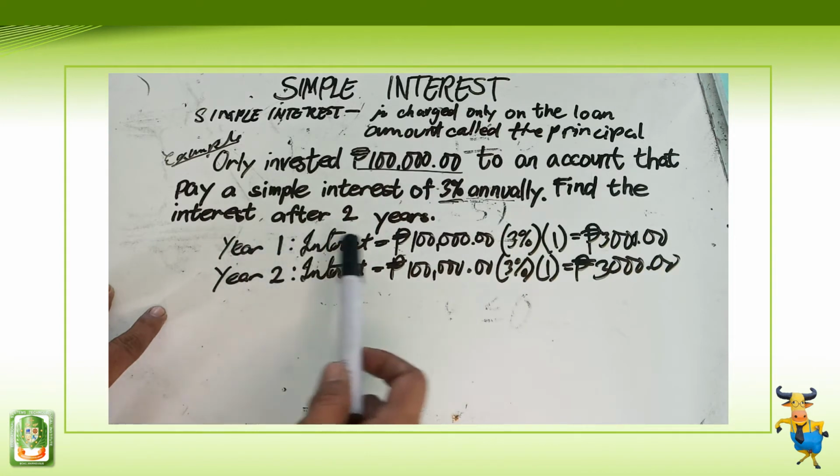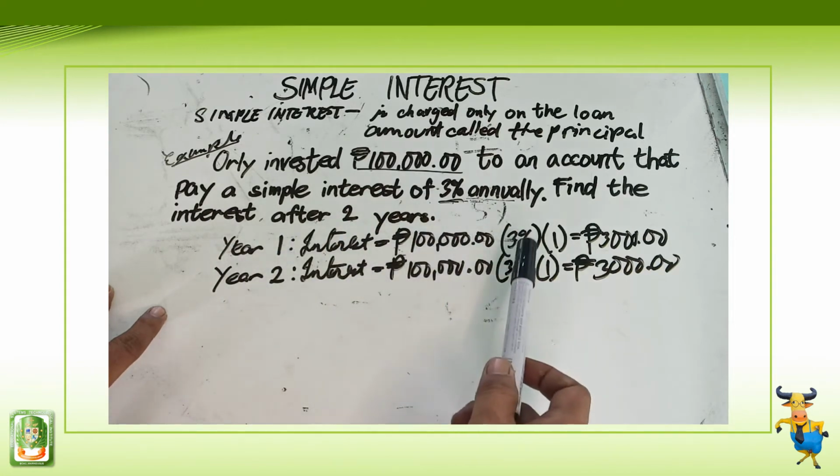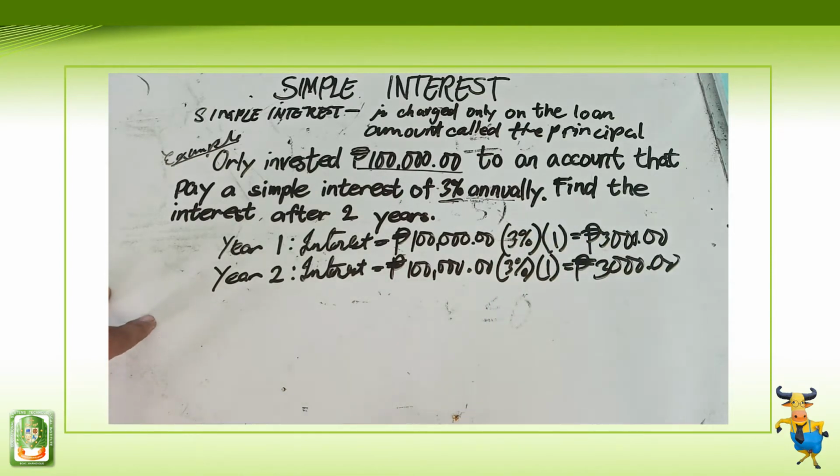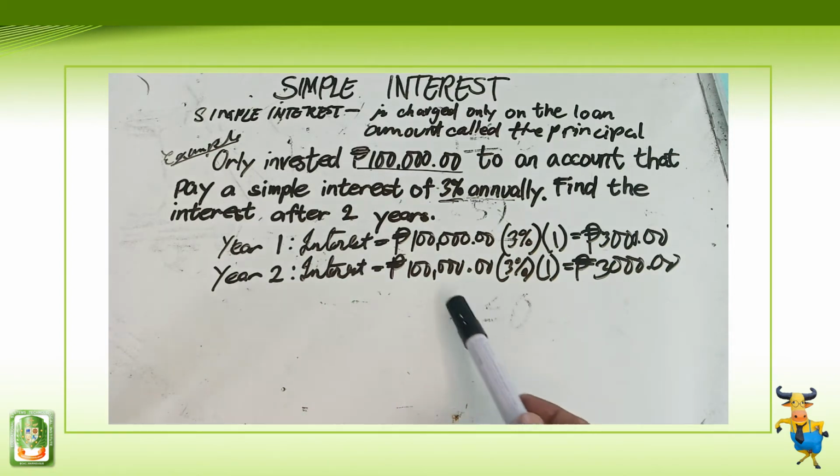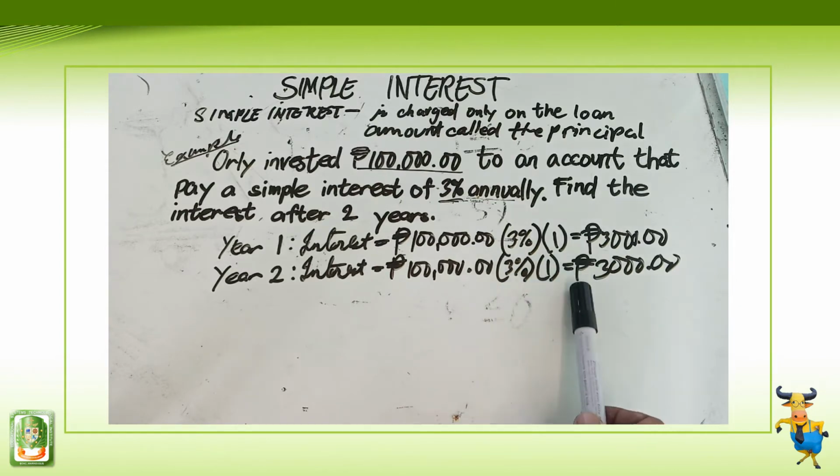So, in year 1, 100,000 multiplied by 3% is equal to 3,000 ang kanyang simple interest. Pagdating sa year 2, ang simple interest niya ay 100,000 also multiplied by 3% is equal to 3,000.